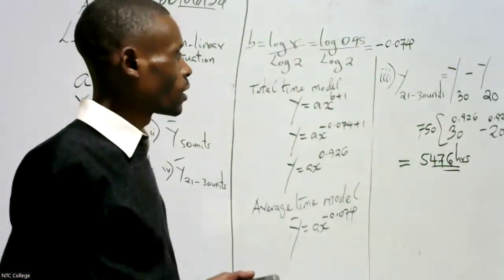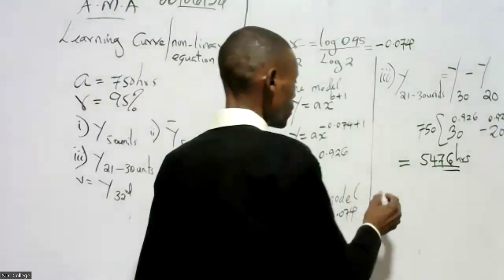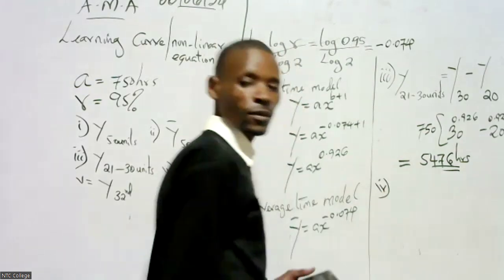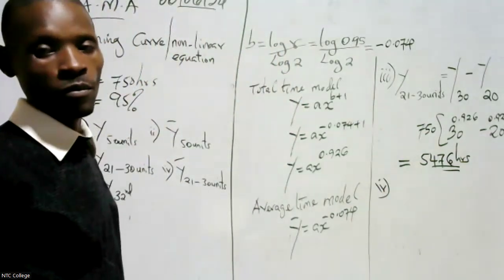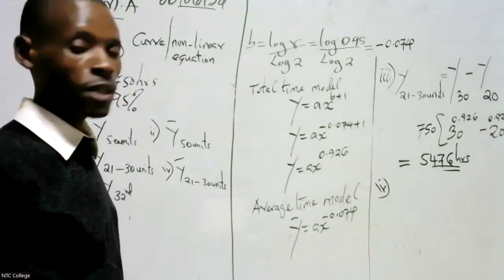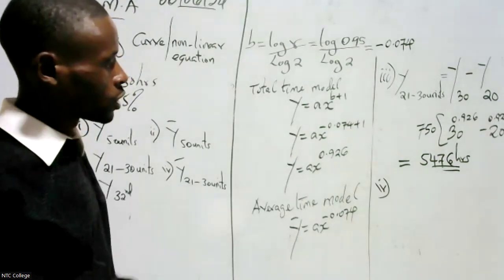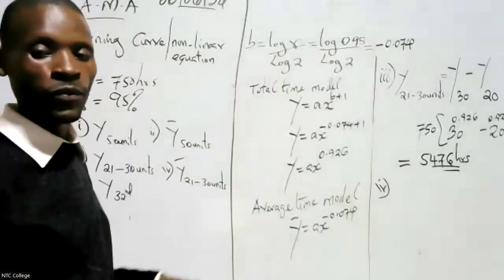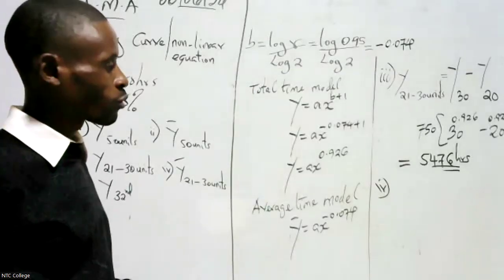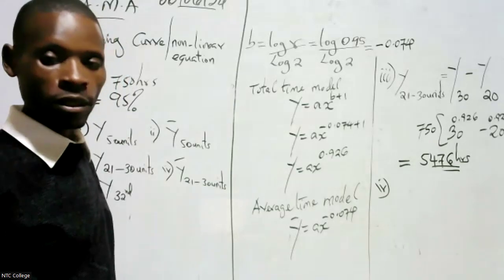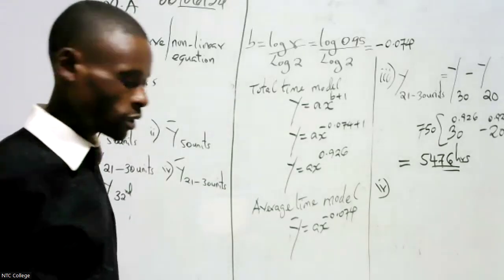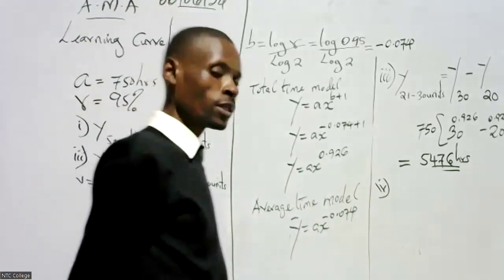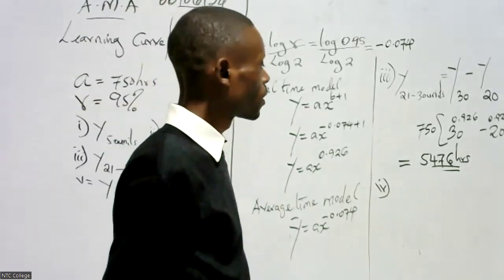Good. Roman number 4. Average time to produce 21 to 30 units. Now listen carefully.